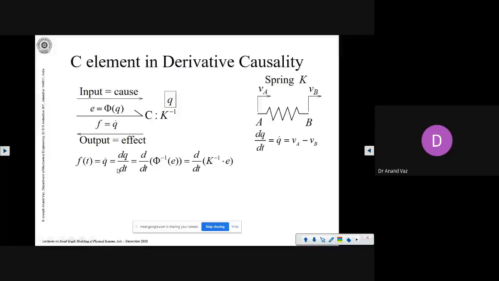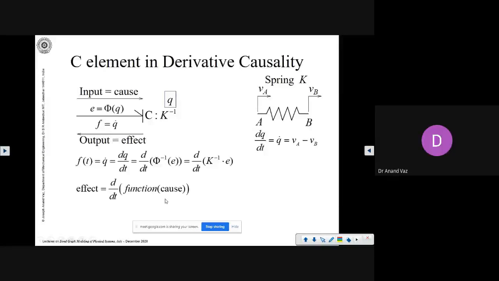In that case, the relationship will mathematically be this one. Now here you have the derivative of, so the causal stroke will come here. Mathematically it means that the effect is a derivative of the function of cause.